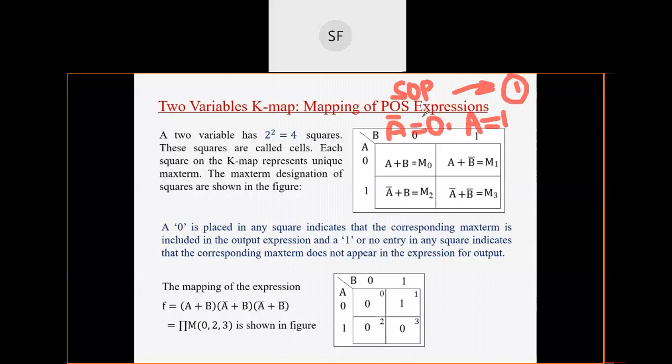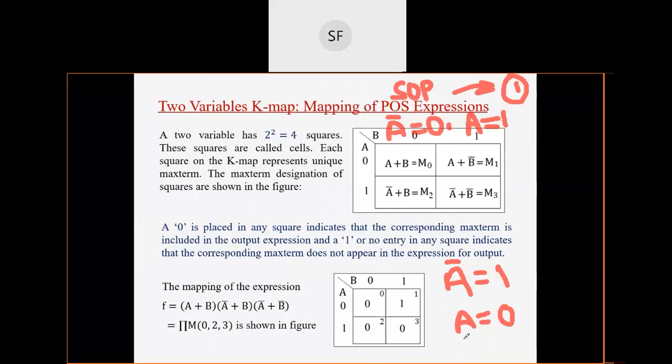It is regarding SOP. But now in POS, what are the differences? Just observe the differences. Here, in order to decide which max terms are present, we have taken the code associated with the complemented form as 1, and the code associated with the uncomplemented form is 0, right?